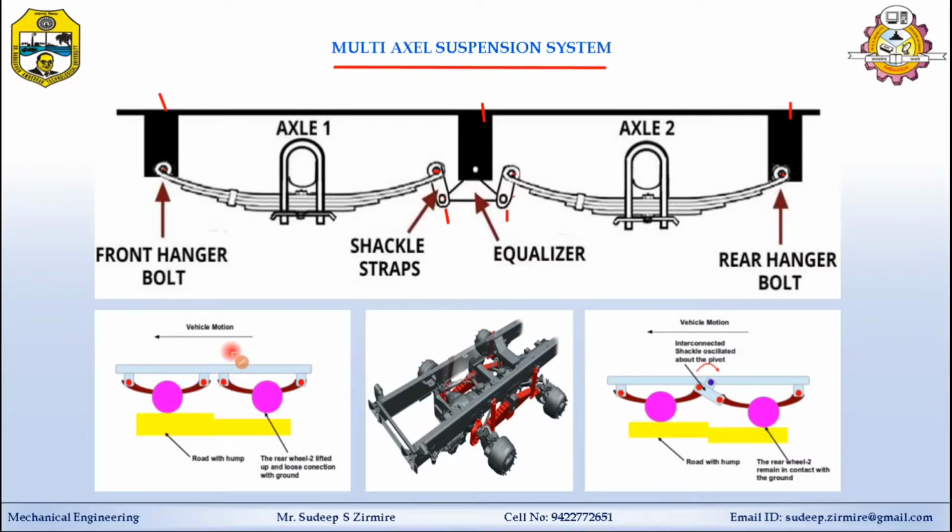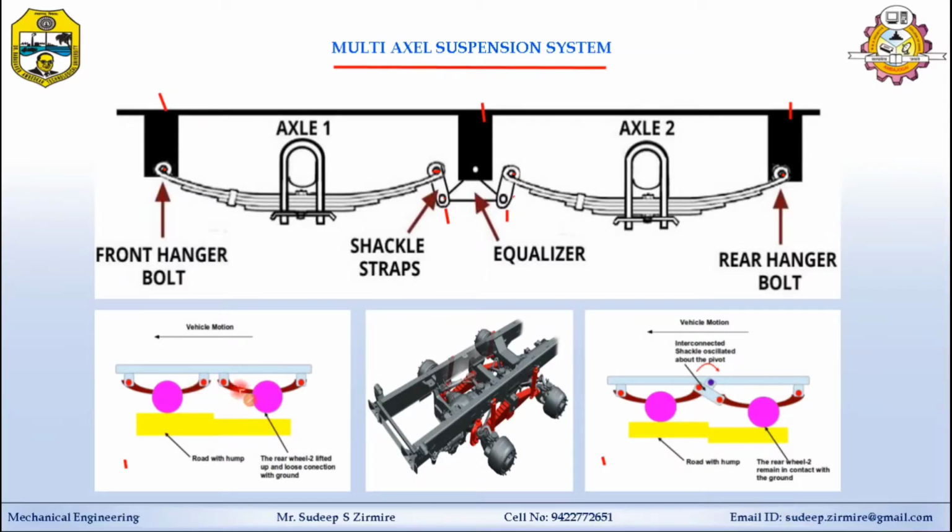So to understand this, see the picture here. This one is the first picture and this one is the second picture. You will understand these two rear axles, we can say multi-axle, not connected using the equalizer. Both are separate designs. When the front wheel hits a bump or dip in the road, the interconnected shackle should rotate with respect to the pivot.